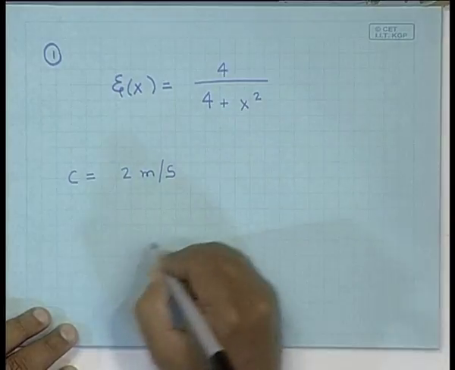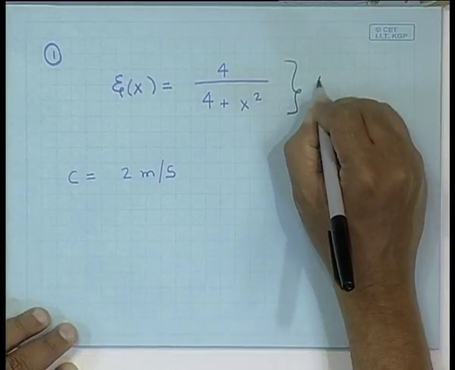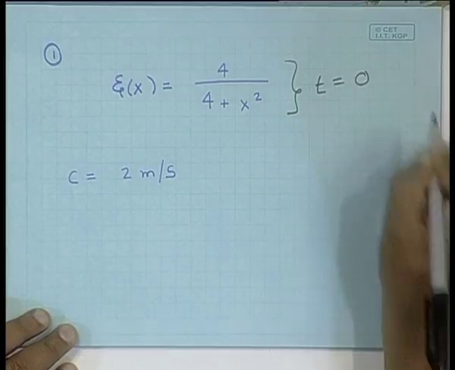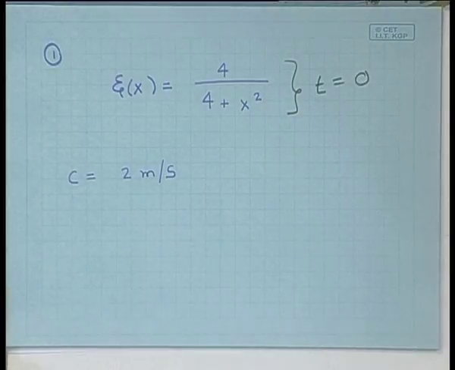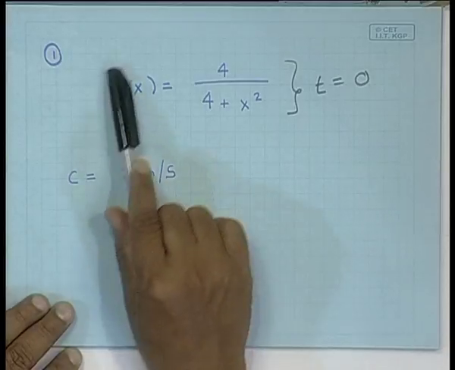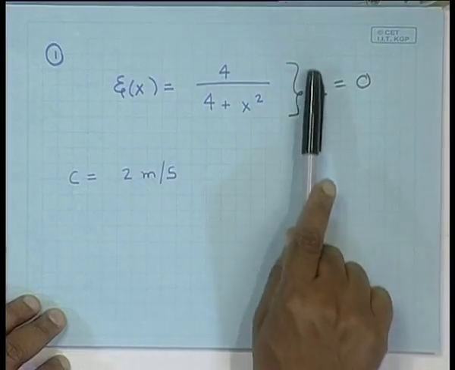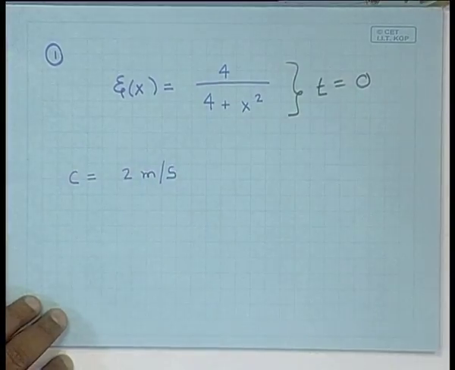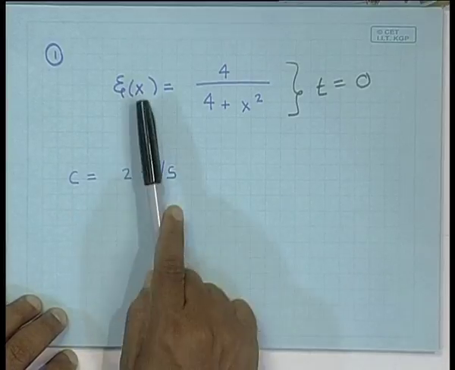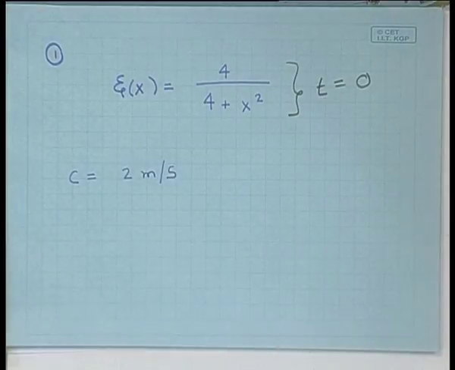At t equal to 0, the disturbance xi is given by this function 4 divided by 4 plus x squared. And the question is that we have to first draw this function. So, draw the form of the disturbance as a function of x at the time t equal to 0.